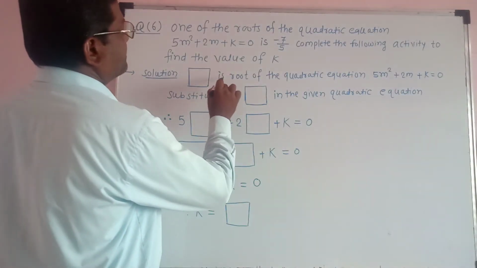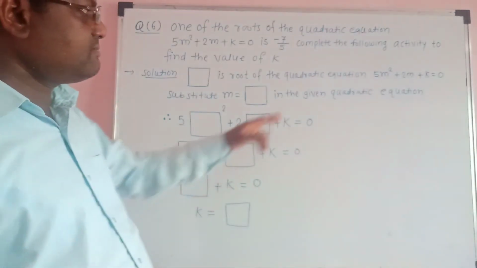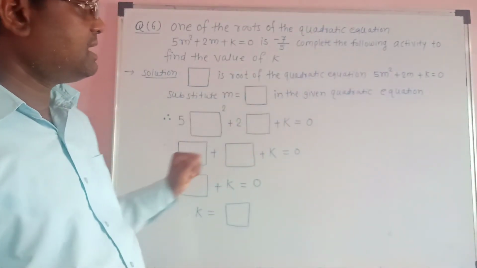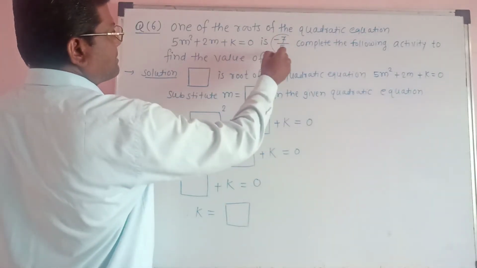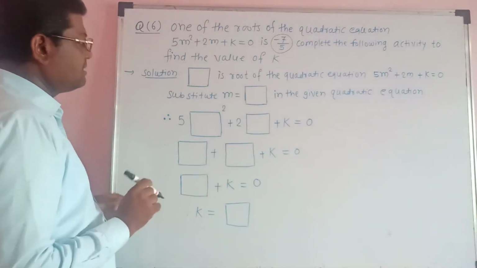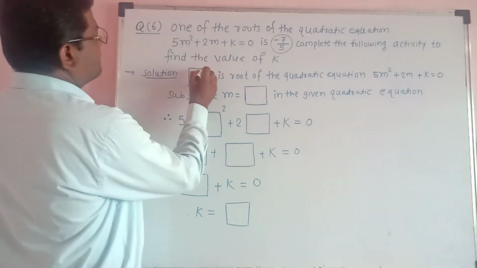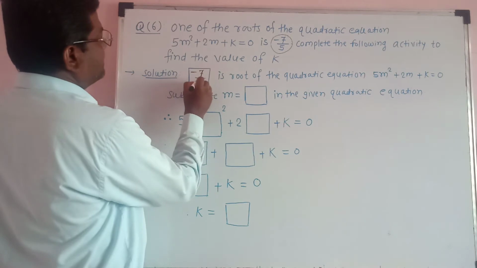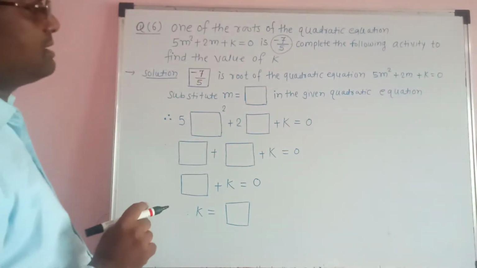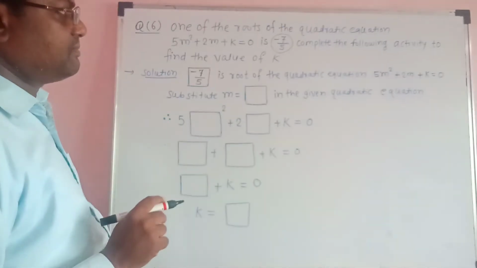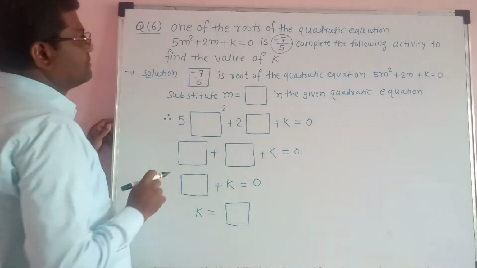Box is root of quadratic equation 5m square plus 2m plus k is equal to 0. We have given that root minus 7 upon 5. Therefore, we write here minus 7 upon 5 is the root of quadratic equation 5m square plus 2m plus k is equal to 0.